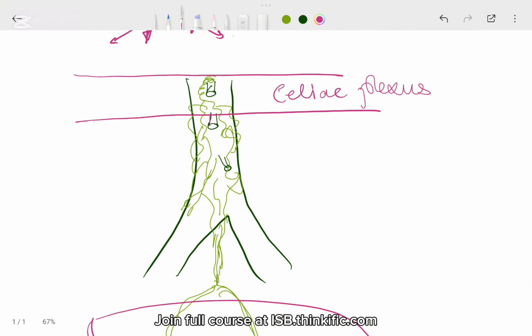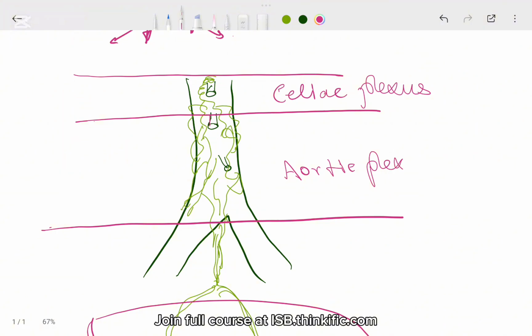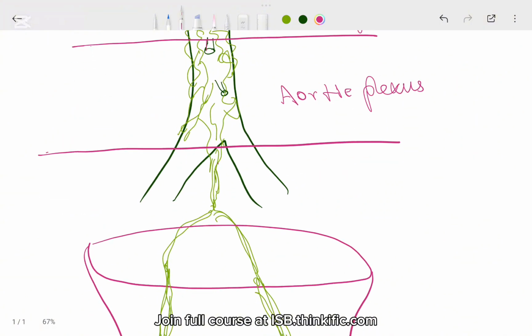Inferior to that, and until the bifurcation of the aorta, it's called the aortic plexus. Below the aortic bifurcation, this part of the plexus is called the superior hypogastric plexus.